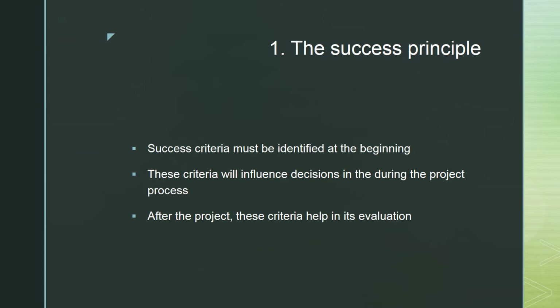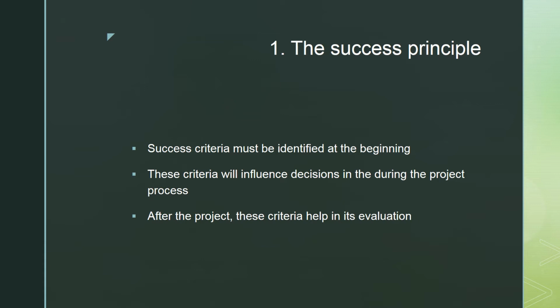And every decision that's going to be made must take into account the success criteria. And then upon completion of the project, the criteria help with the evaluation. When you have undertaken a project, you must at the end evaluate to what extent has the project been successful? What could have been done better?